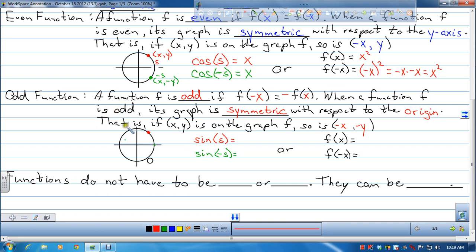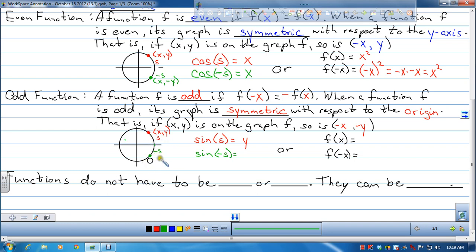So an example of an odd function is sine. If this is s, we know that's x, y. Sine is equal to the y value, right? But the sine of negative s, remember, negative s is down here. Disregard that circle there.